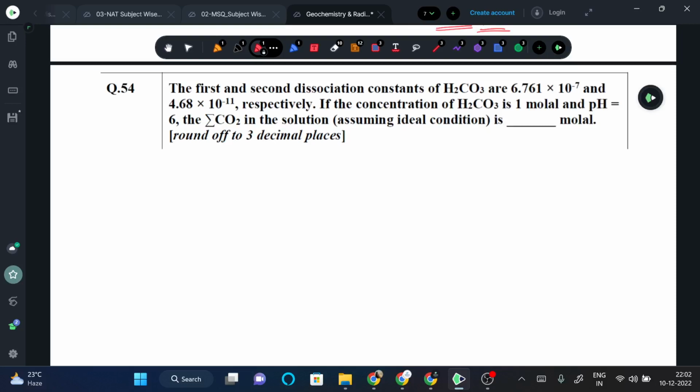Coming to the next question, we have the first and second dissociation constants. Thermodynamics questions like these are asked a lot in GATE, and also in JAM, some of these questions are there. Mole concept, thermodynamics, electrochemistry, and questions based on entropy, the Clausius-Clapeyron equation.